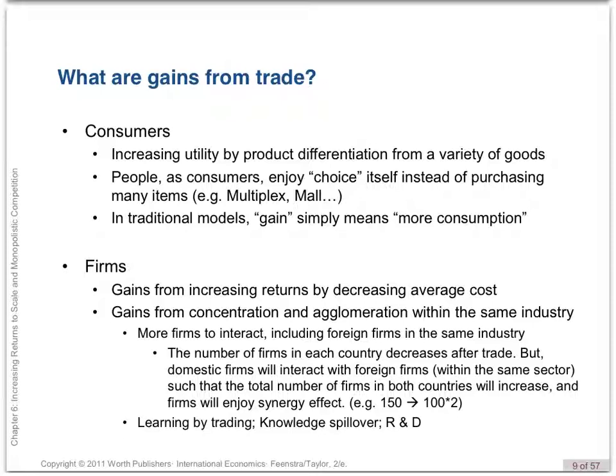So to give an example, after trade, the number of firms in each industry decreases. Before trade, suppose in my country there are 150 firms. After trade, some firms will leave my market because they lost the competition, and only a small number of firms will remain in my country, 100.